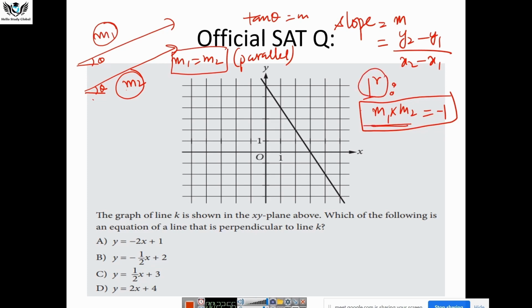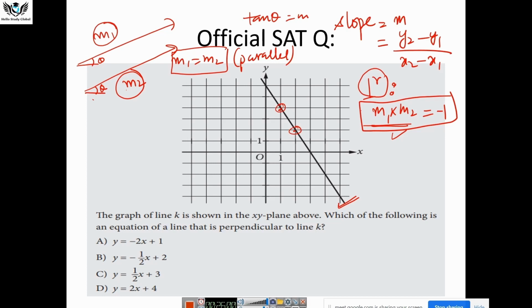Utilize this information, and for that calculate the slope of this line, and then use m1 m2 is equal to minus 1. And in order to calculate the slope of this line, you can pick up any 2 points of your choice and then apply y2 minus y1 upon x2 minus x1.